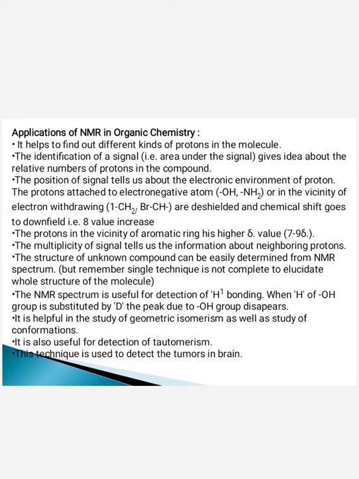One interesting fact is that when we react our compound with D2O, the peak of that OH or NH2 disappears, because the hydrogen atoms of OH and NH2 get replaced by deuterium D. So that peak disappears. This is the most interesting fact related to the NMR of hydroxy or amino compounds.